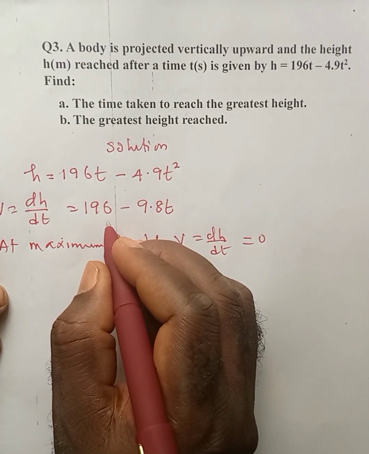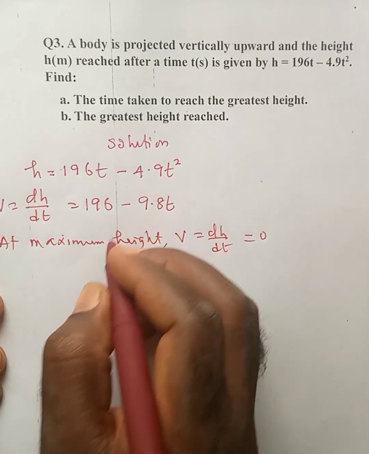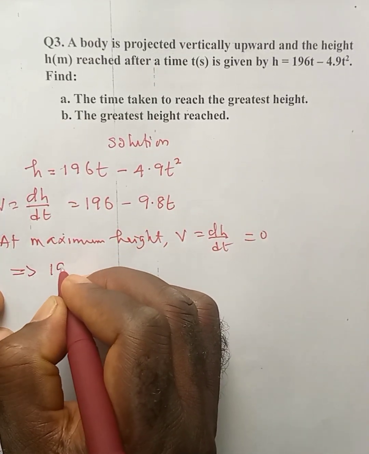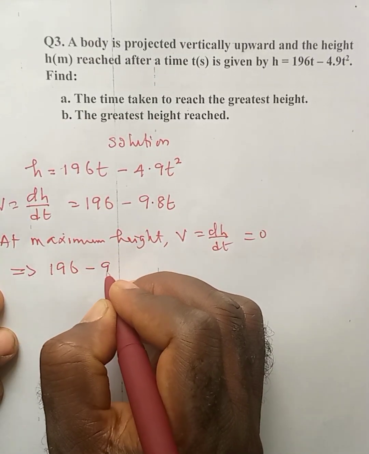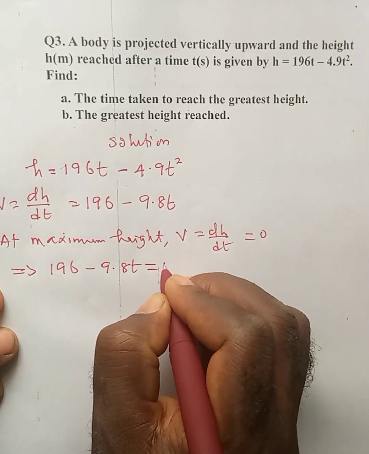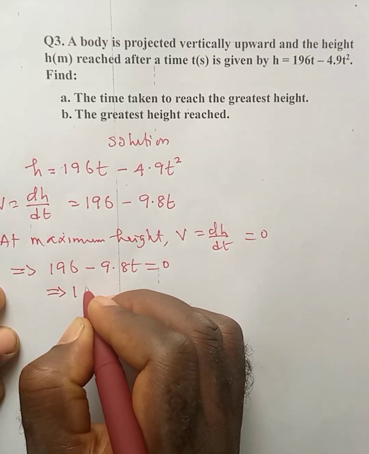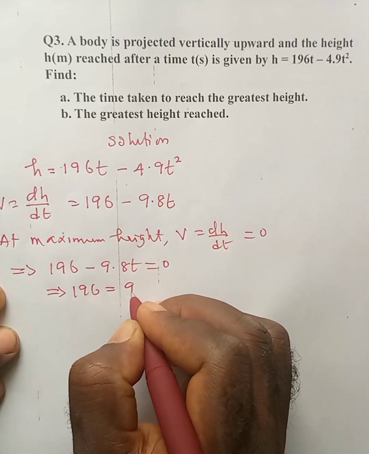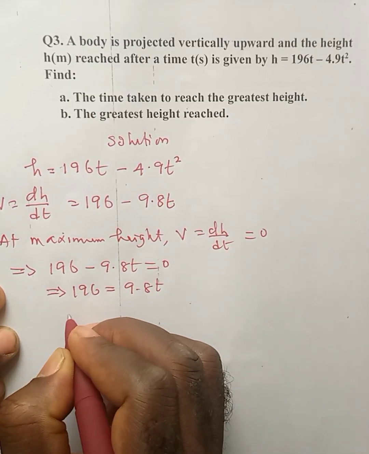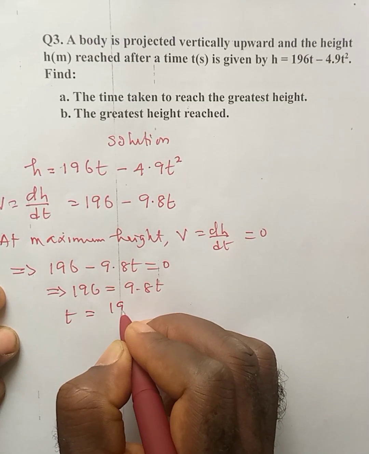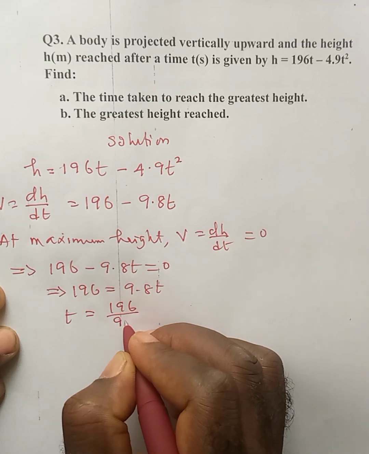Therefore, we equate this function to be 0. This implies that 196 minus 9.8t is equal to 0. This implies that 196 is equal to 9.8t. t will be equal to 196 divided by 9.8.